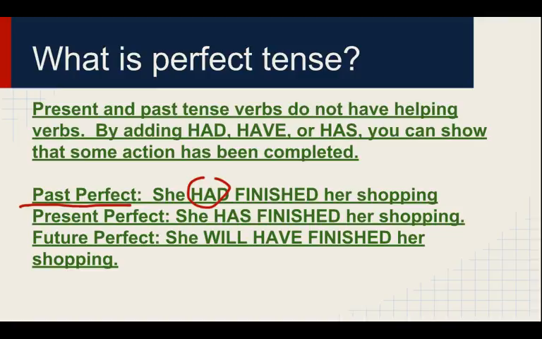Had means that she had finished it before doing something else, so that's putting it in the past. Present perfect says she has finished her shopping. Has tells us that right now she has finished something, so that is the present tense. Future perfect says she will have finished it. So she hasn't finished it yet, but she will have finished it in the future.